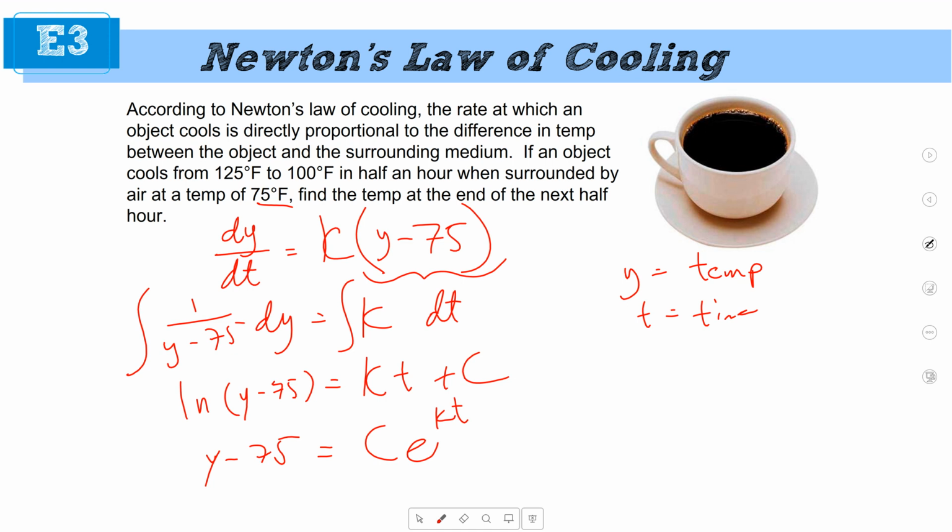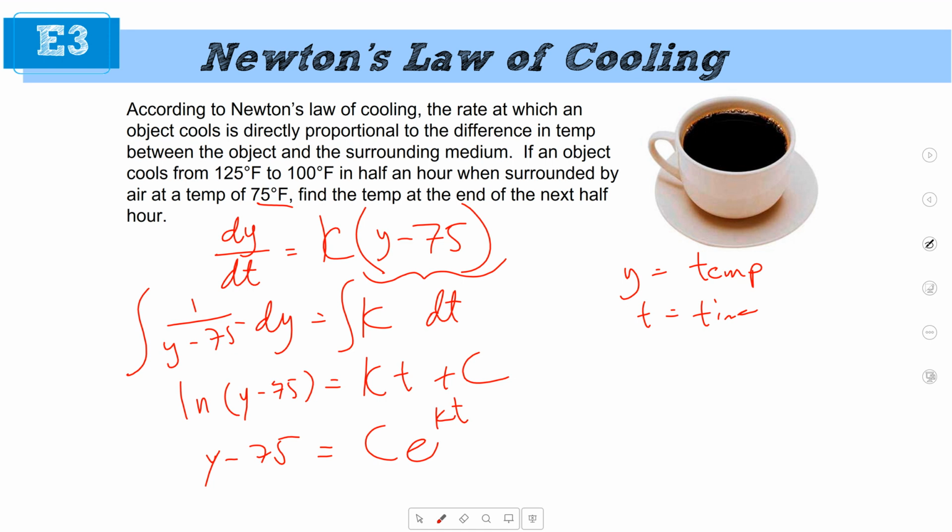Now we got to play with some numbers. What do I know? An object cools from 125 to 100 degrees in a half hour. 125 would be that.